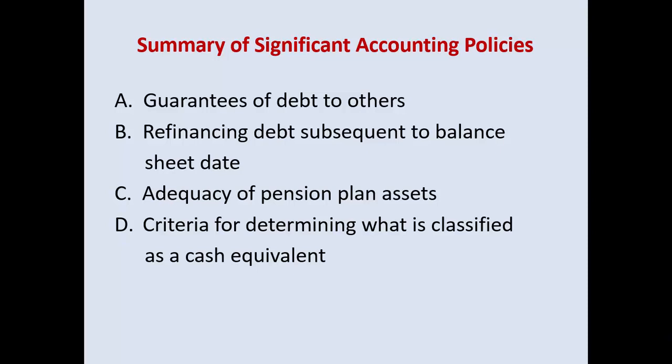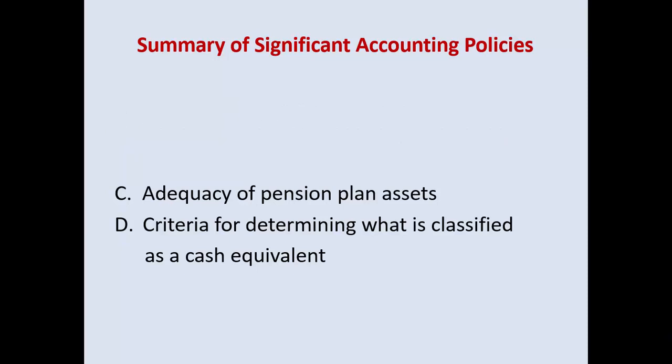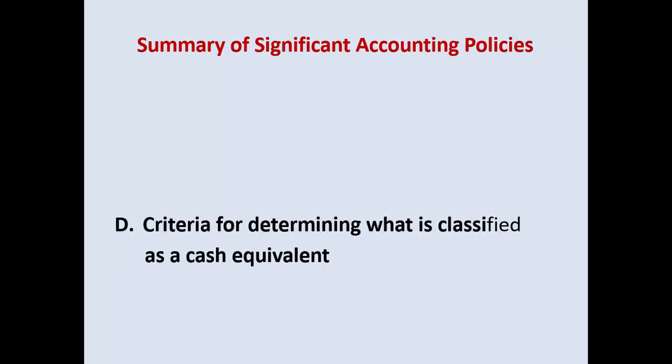Remember, the disclosures, it's not just a ton of information lumped together. It's presented in an orderly fashion. So of these four, what's an accounting policy and what is not? What would go elsewhere? It's not A or B. It is D, the criteria. That is a policy. The other information goes elsewhere into the details of the financial information.